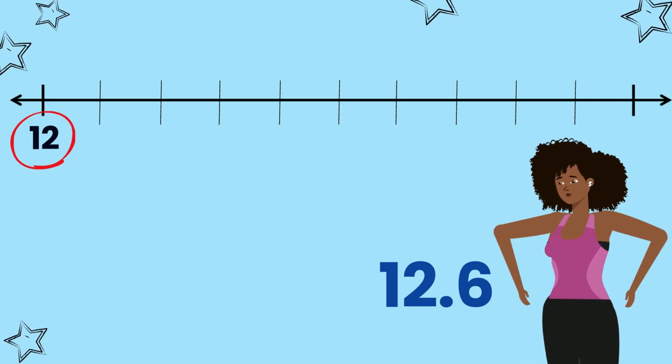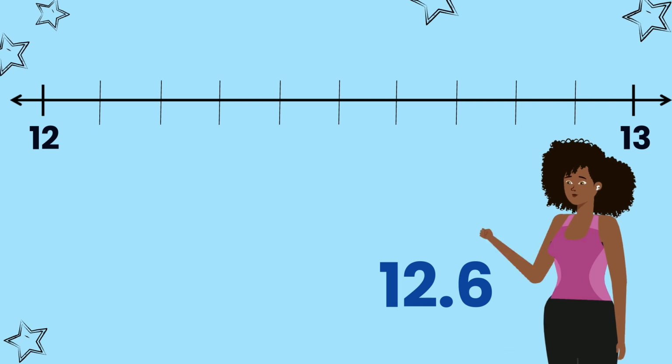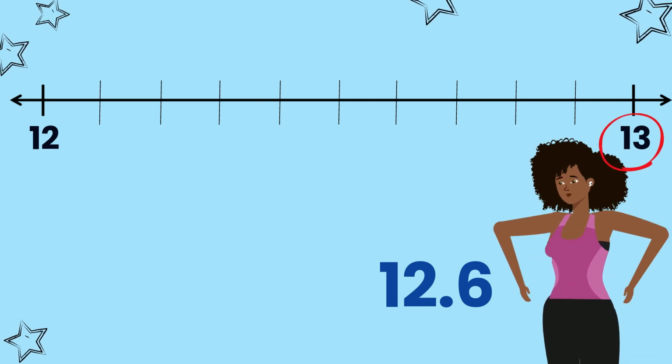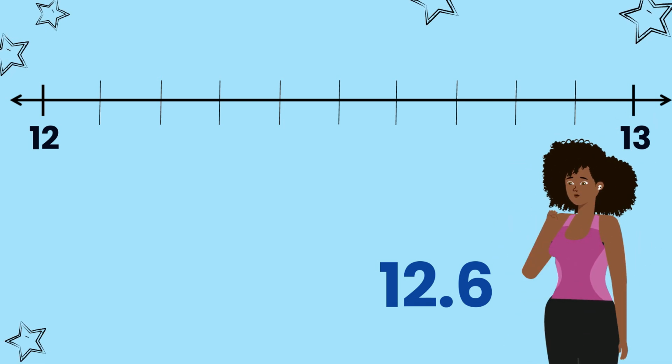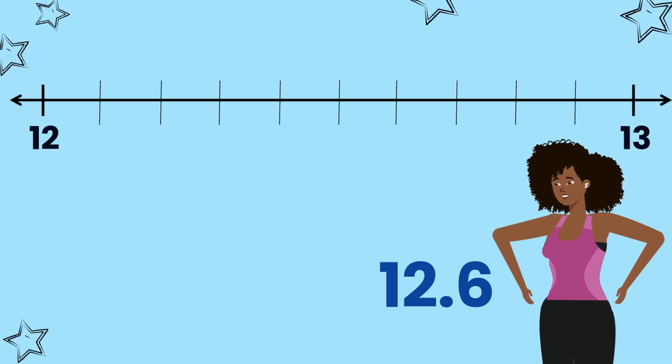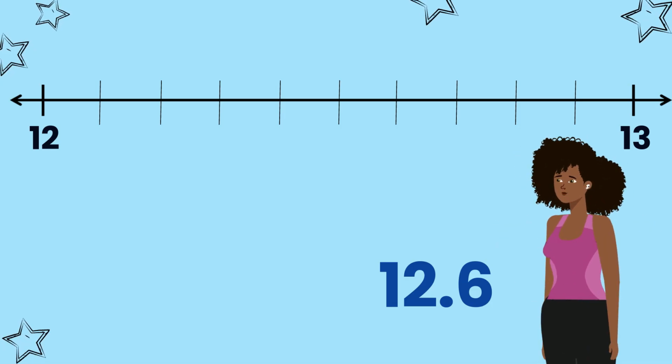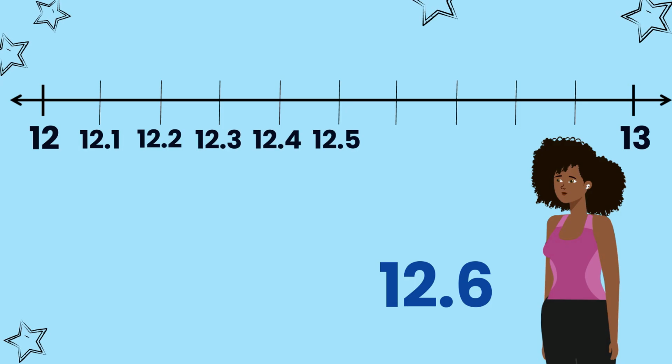We know that 13 is the next whole number after 12, so we will put that here. Now we will count up until we land on 12 6/10. 12 1/10, 12 2/10, 12 3/10, 12 4/10, 12 5/10, 12 6/10. There it is. Now this number line shows Ava's fastest run.